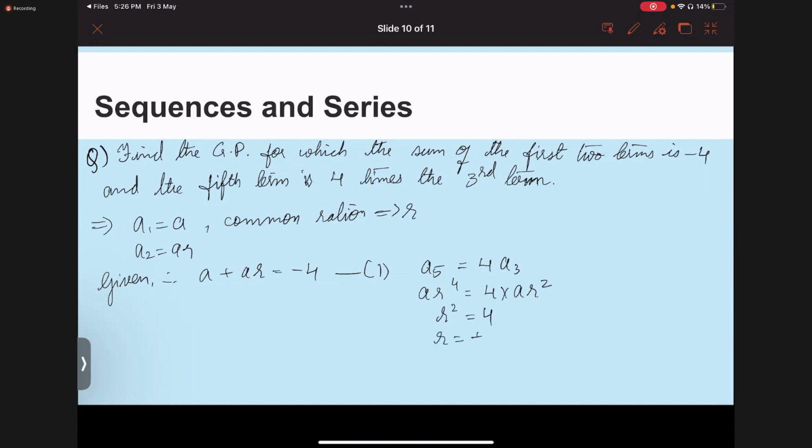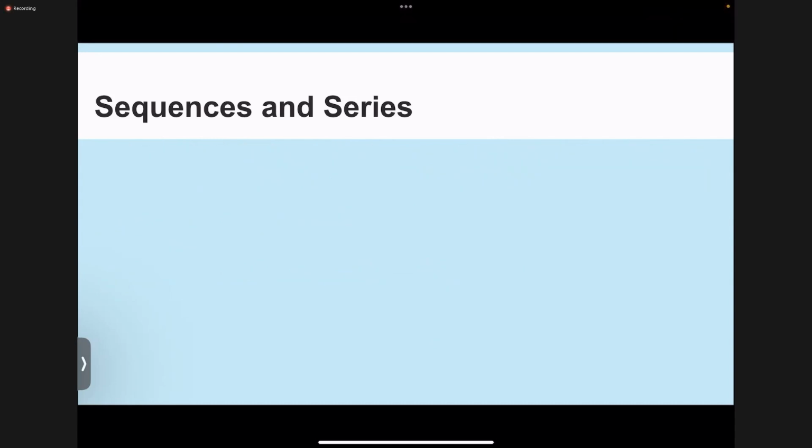So R is equal to plus or minus 2. Okay, now what we can do is substitute the values of R in 1.